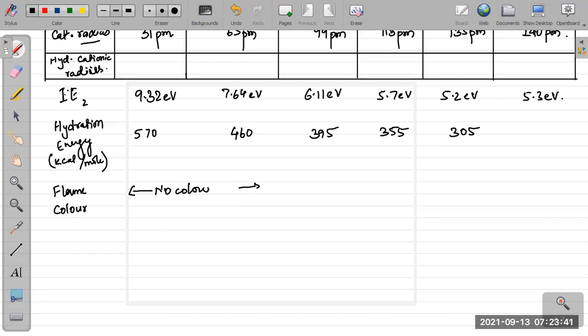For calcium we have brick red, followed by strontium which is crimson red, followed by barium which has green flame color.